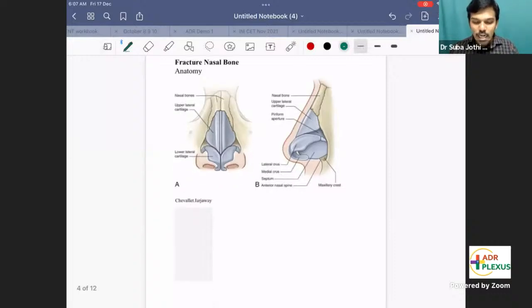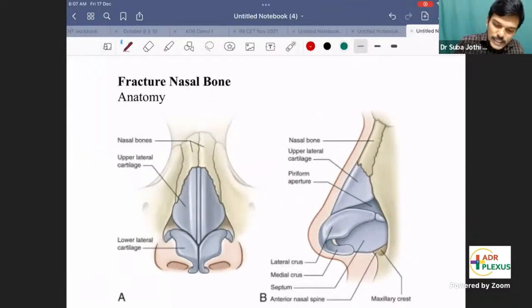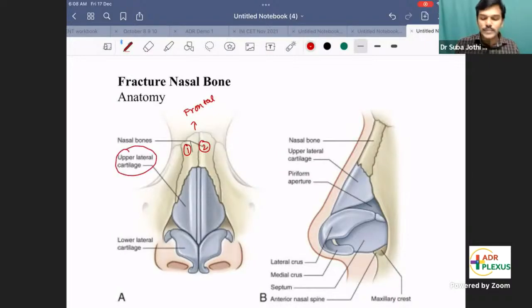So looking at the anatomy of the nasal contour, just look into this. This is our nasal bone. There are two nasal bones. It articulates superiorly with the frontal bone, and inferiorly with the upper lateral cartilage.